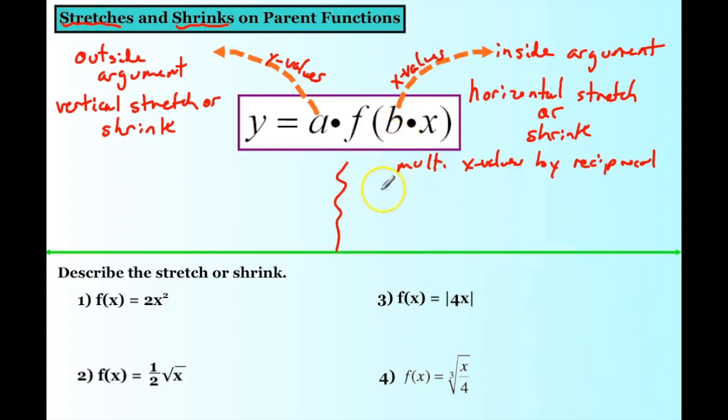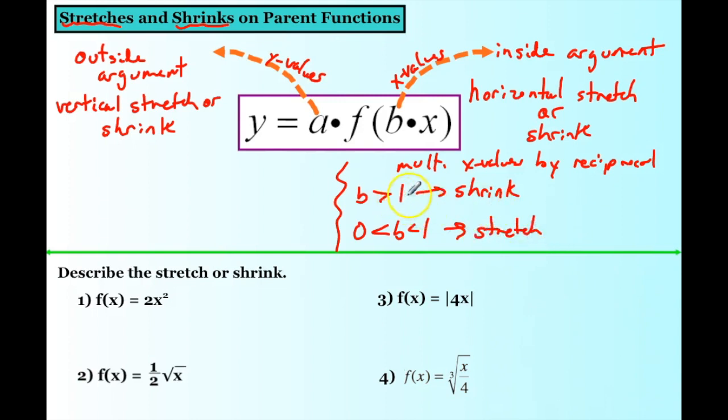If your b value is greater than 1, that is actually going to cause a shrink. If your b value is between 0 and 1, like a 1/2 or a third or 3/4 or something along those lines, that's actually going to cause a stretch.